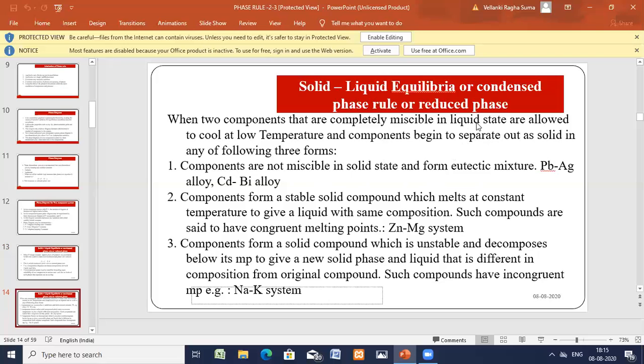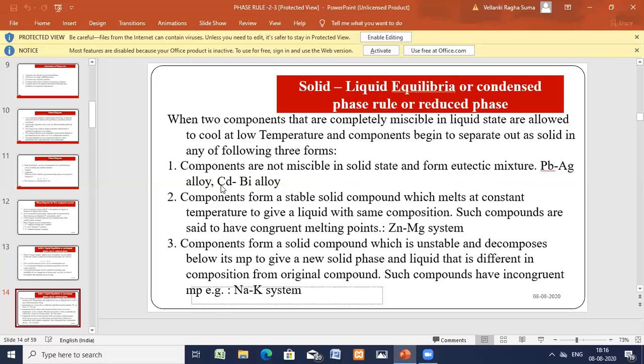They are completely miscible in the liquid state, like liquids, and you can't distinguish both of them. On cooling, they begin to separate out as solids. In the first form, the components are not miscible in the solid state and form a eutectic mixture, for example the lead-silver alloy.